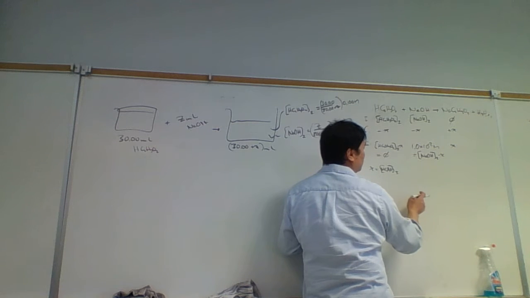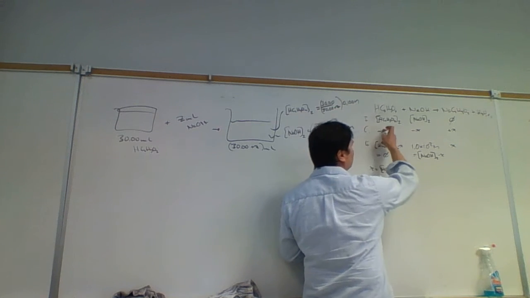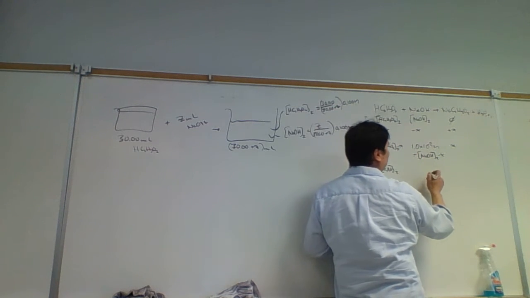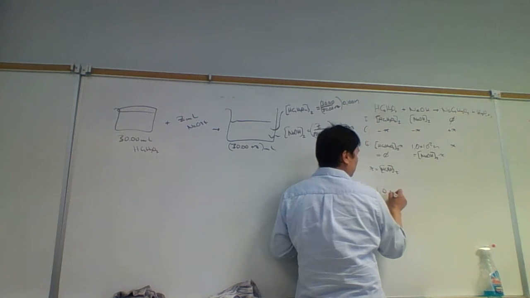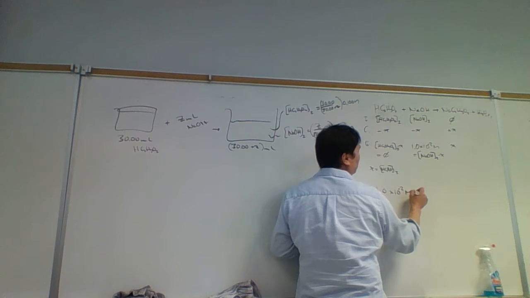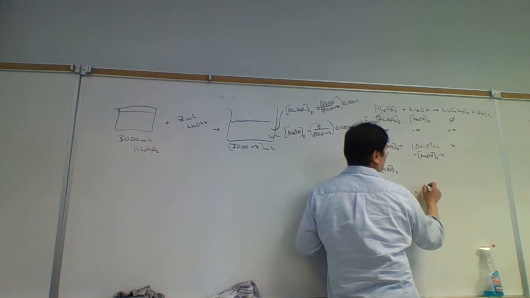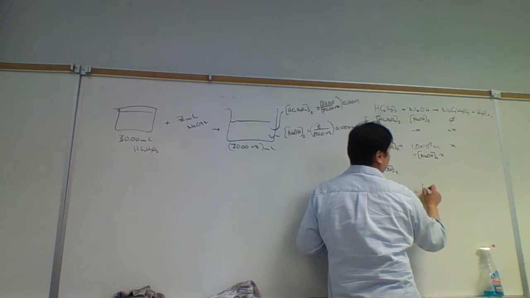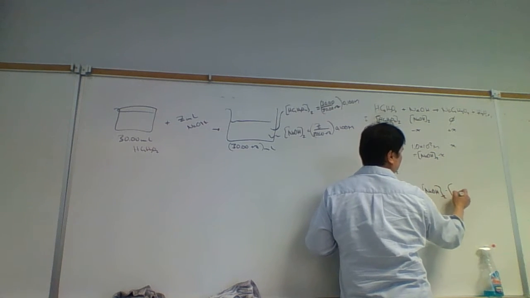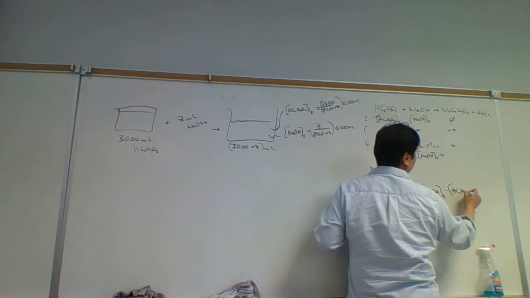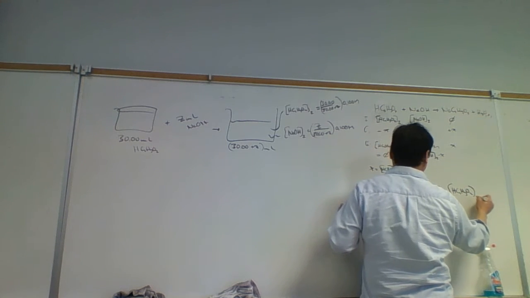If X is the concentration of acetic acid initial, then that means that 1.0 times 10 to the minus 2 molar is equal to the concentration of sodium hydroxide initial minus the concentration of acetic acid initial.